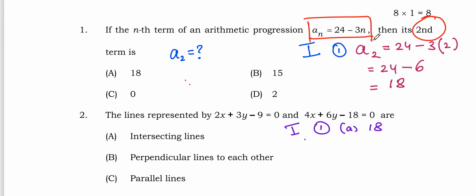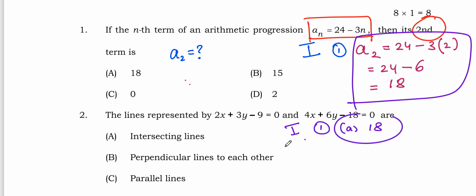But you need not write all these steps and then tell the answer. If you know some answers directly, where you can guess the answers, where you can do the calculation in your mind itself and execute the answer, well and good. See, for example, 24 minus 3n. Now in place of n, what should we substitute? 2. 3 twos are 6, 24 minus 6, over. Why do all the rest of the steps and then conclude the answer?